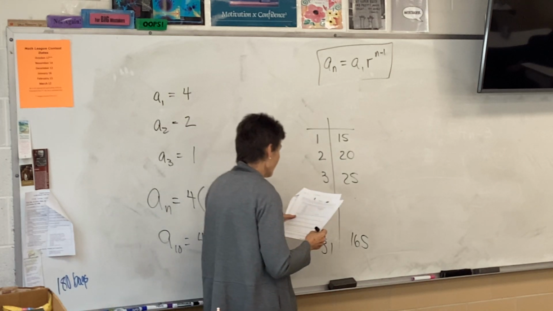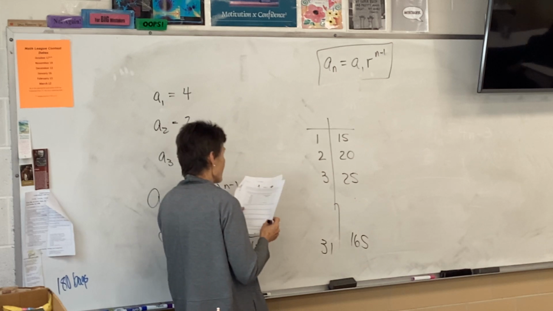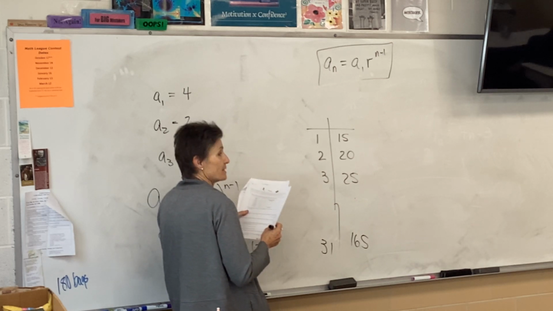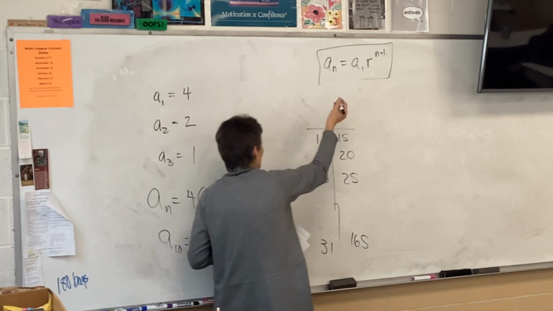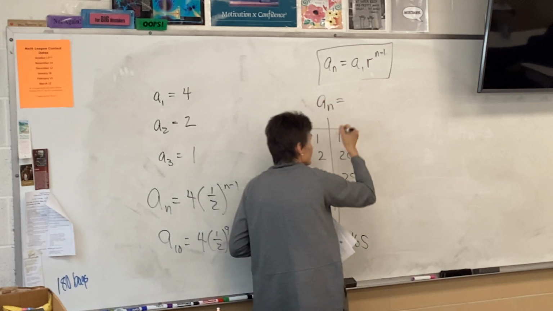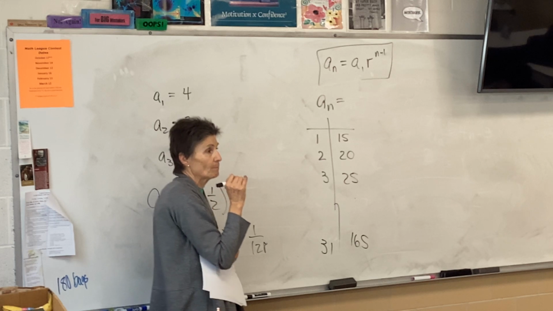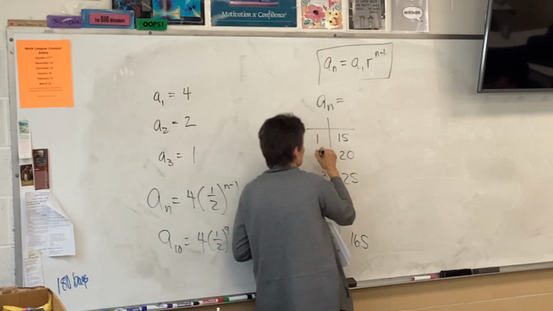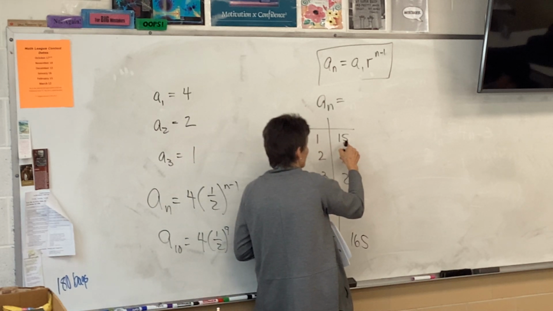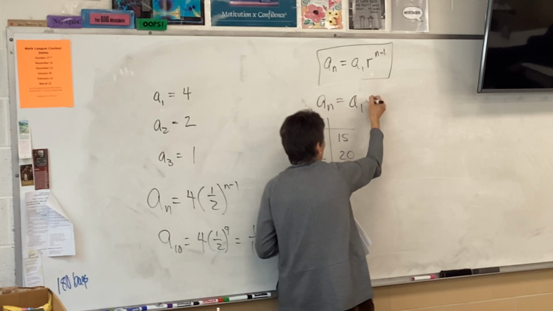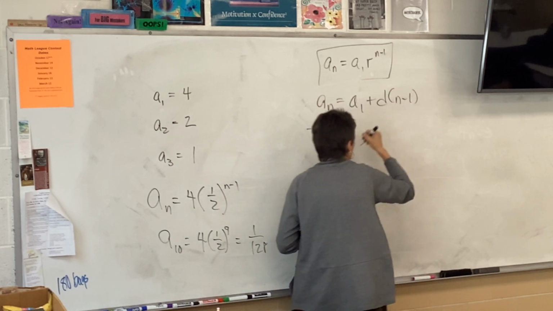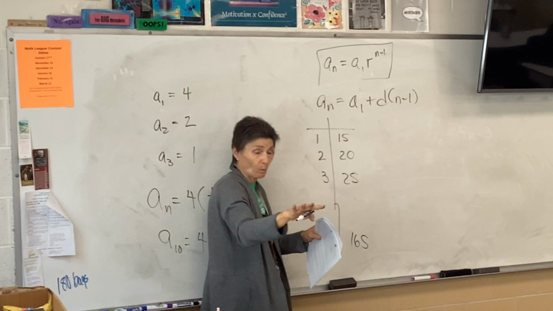Write a rule that gives the amount of time that Mallory runs on the nth day. So in other words, A sub n would be what for this set of information? A sub n is going to equal, here's your formula, or a formula. You may choose to use one of his, and that's fine.